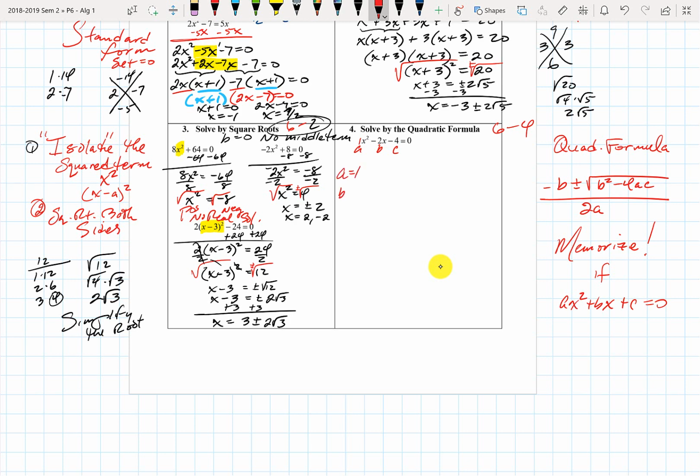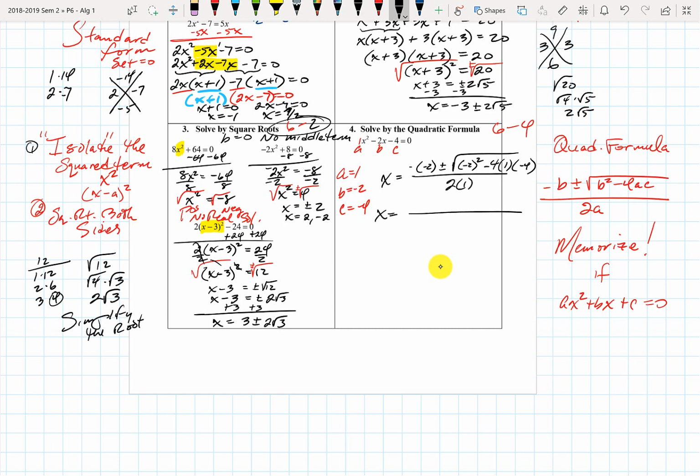All right, a is 1, b is negative 2, c is negative 4. All right, so here we go. So x is equal to the opposite of b, so the opposite of negative 2, plus or minus the square root of negative 2 squared, all right, minus 4 times a times c, all divided by 2 times a.